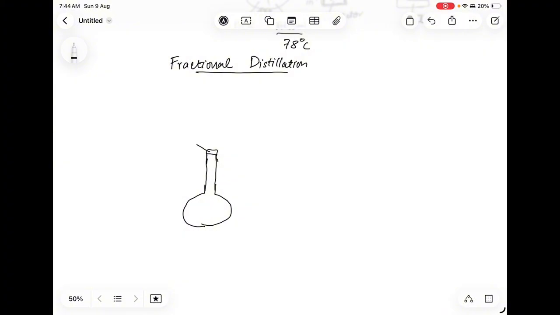So again, it's covered with a bung. There is a thermometer inside, and there is obviously an opening. This is the distillation tube.